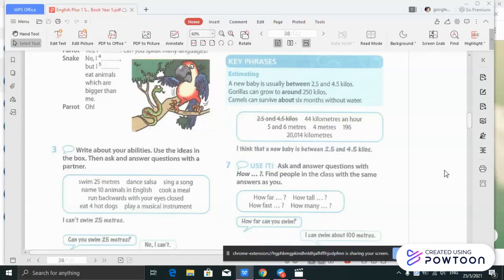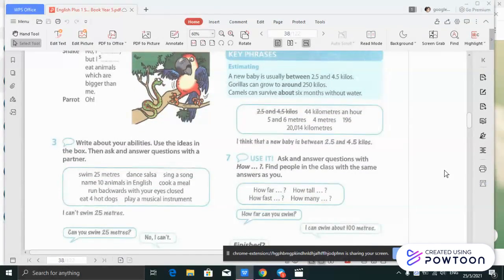And if you feel you are ready to answer the workbook, the relevant pages, the pages that we have already done in online class, you can answer them. I meant those pages relevant to these practices in your workbook. If you still have problems understanding what I'm saying, you can message or WhatsApp the teacher. The teacher will explain to you in detail, and I will reply to your voice notes, messages or WhatsApps.